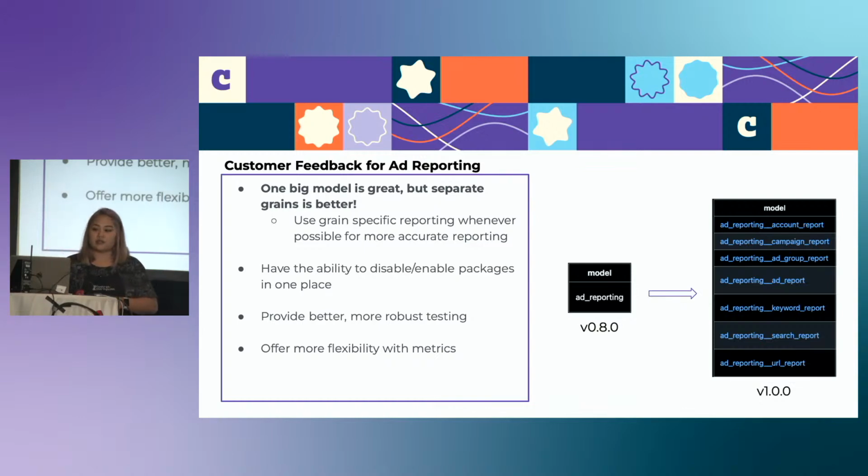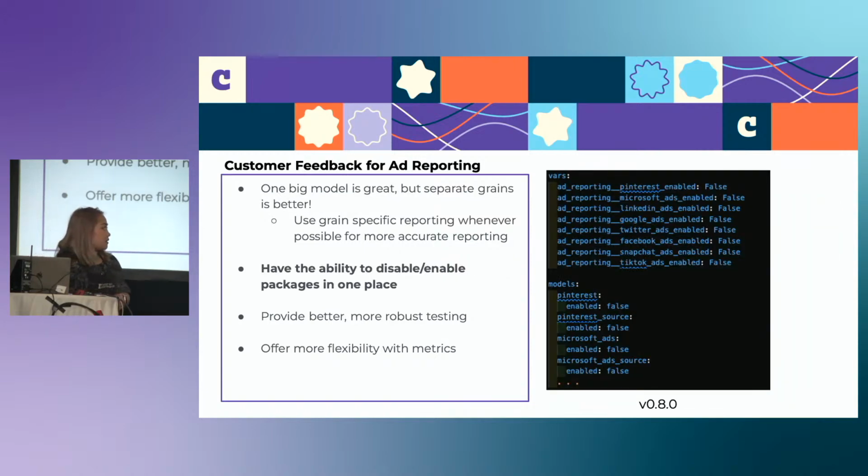So in V1, we released a new report at every grain that we could derive from the upstream platforms for ad reporting, which turned our one model into 7 models that enabled users to hit the ground running even quicker than before. During discussions with our customers, we also decided that using grain-specific reporting whenever possible provided better and more accurate metrics. So we did that.